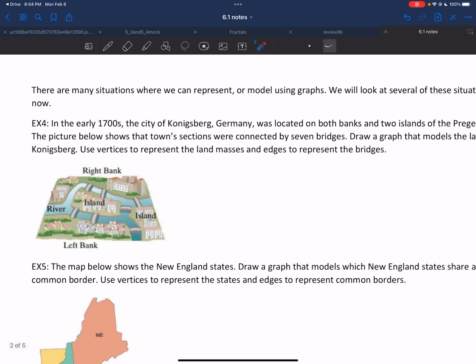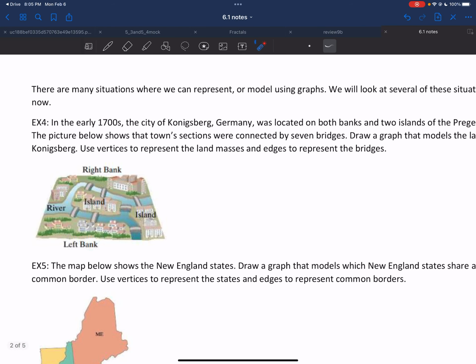Okay, so here's our bridges that we have. So we've got all these bridges. Then we would have a vertex here, and I guess a vertex here, sort of, right? And this would be another landmass. That would be a vertex. And then this would be its own landmass. So that's a vertex. Alrighty, so here we've got a couple things.